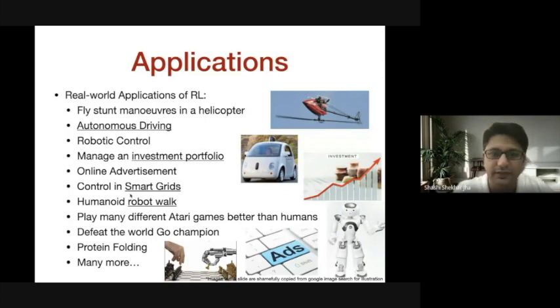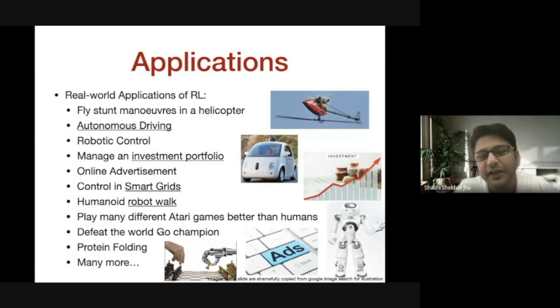Nowadays, this is a very hot topic, I guess. A lot of research is going on in creating smart grids, where you want to balance the demand and supply. You want to predict what the demand would be for the day or per hour. So that again can be converted to a control task, and you can apply reinforcement learning methods there. Humanoid robot walking we already saw.